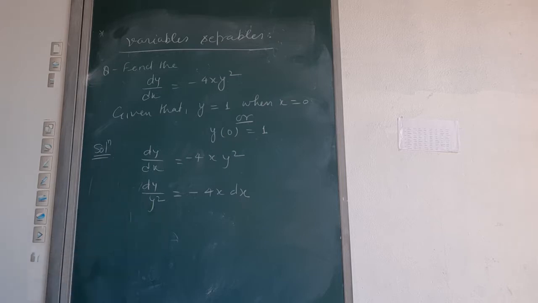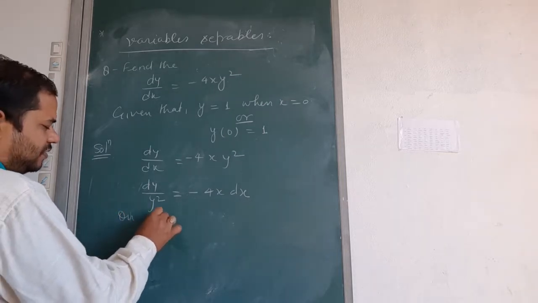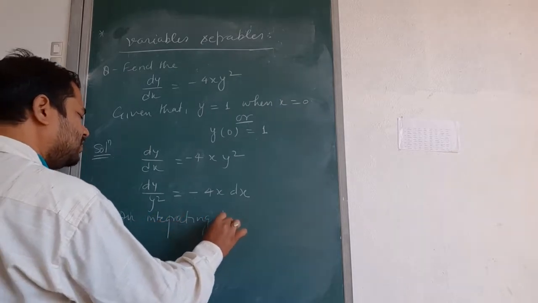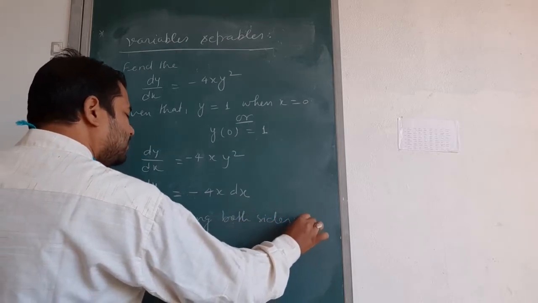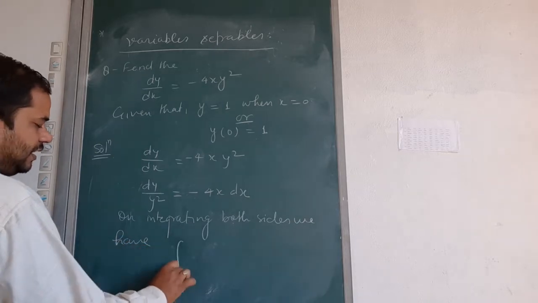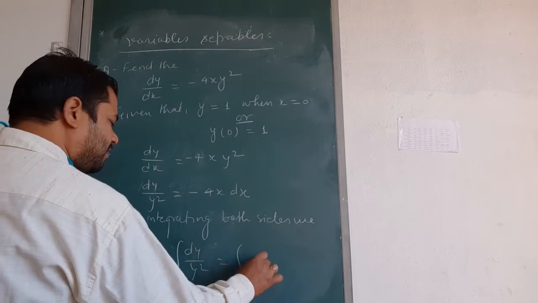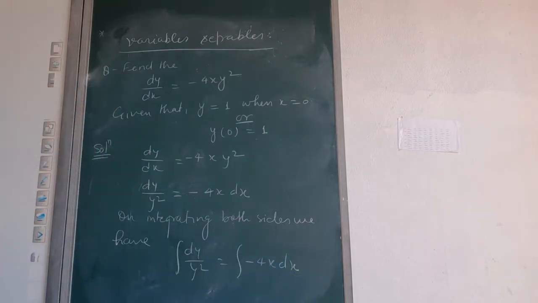Now on integrating both sides, we have the integral of dy upon y square is equal to the integral of minus 4x dx. Clear? So first of all, note it down.